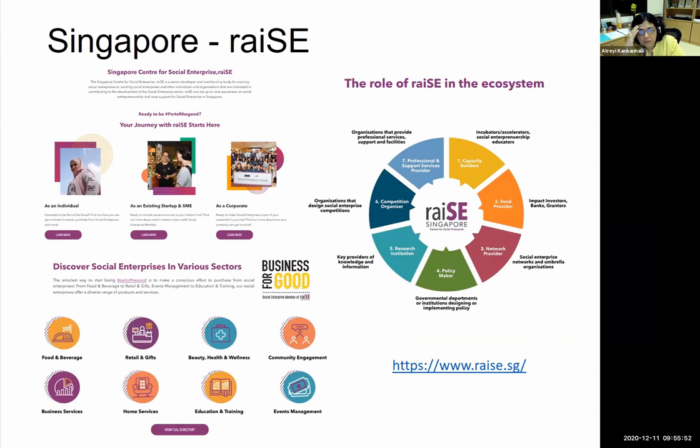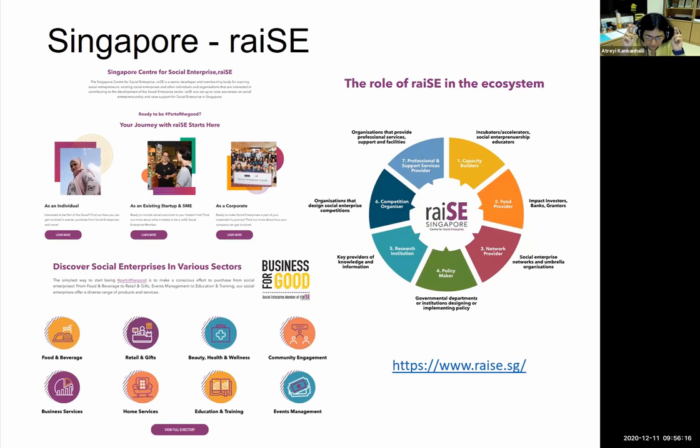RAISE, the Centre for Social Enterprise, was set up in 2015, and it's a cross-sector collaboration between various ministries and agencies. It offers a bunch of services. One is a Business for Good directory.